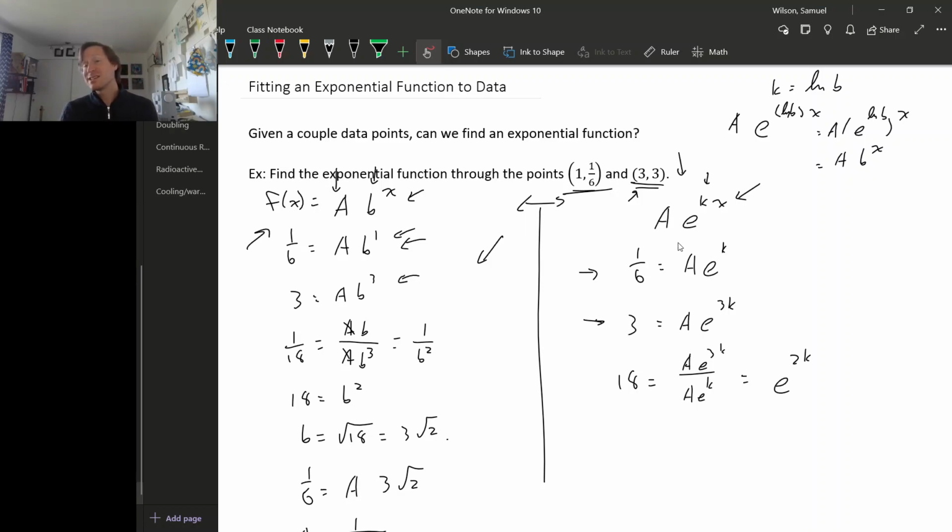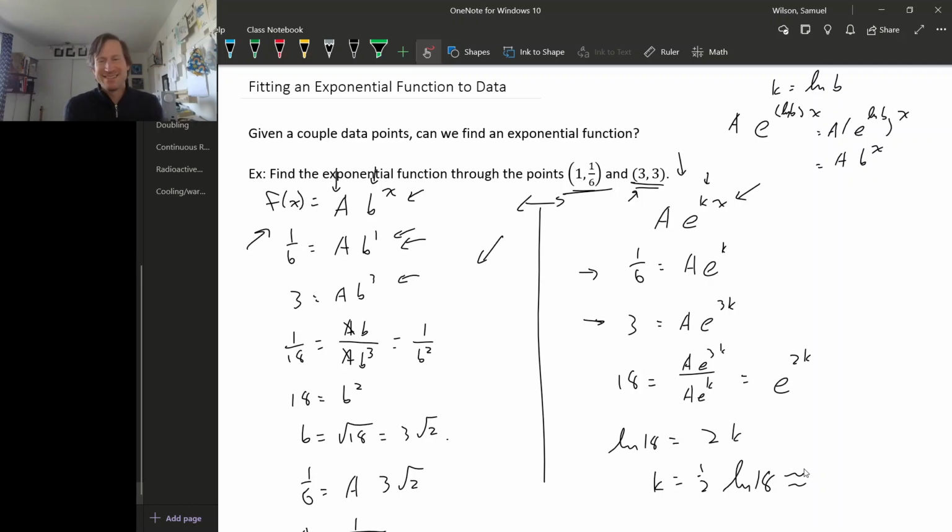In many contexts, that's no problem, but since you're going to end up using a logarithm, you're usually going to end up with messy results if you try to keep things in exact form. So you're accepting decimal approximations at this point. Okay, so let's take a natural log. We get natural log 18 is 2k. And so k is 1/2 times the natural log of 18.